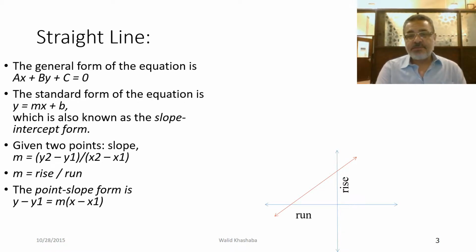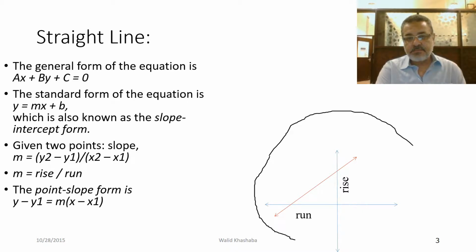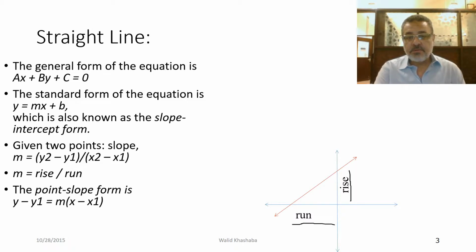Or if we have a graph like this, then we can find the slope using this distance over this one. Rise over run. Only rise over run. We will take the distance, which means we will never focus on the negative sign here, because we are dealing with distances.